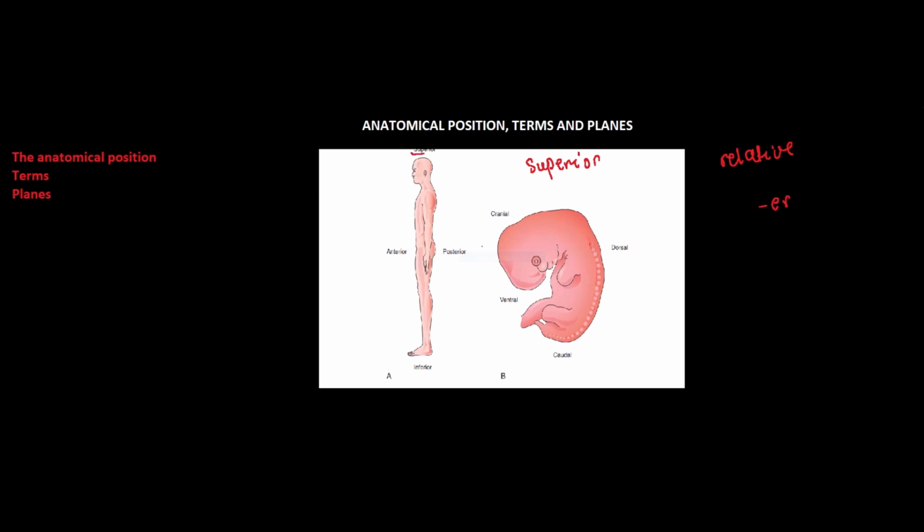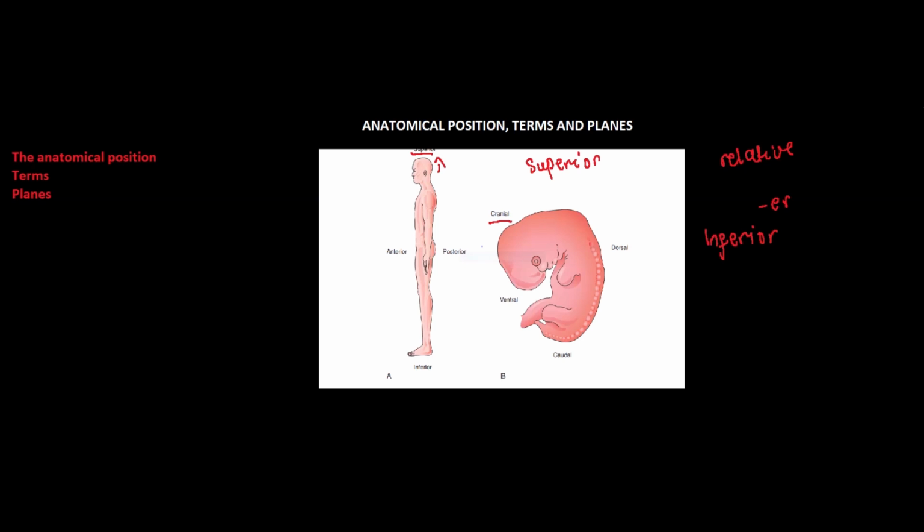And in this picture that we have here, this is labeled as superior, so closer to the head region. With the example, the lungs are superior to the stomach, so the lungs are closer to the head region as compared to the stomach. The next term we'd be looking at is inferior. But before we consider the term inferior, in embryology, the term superior is referred to as cranial.